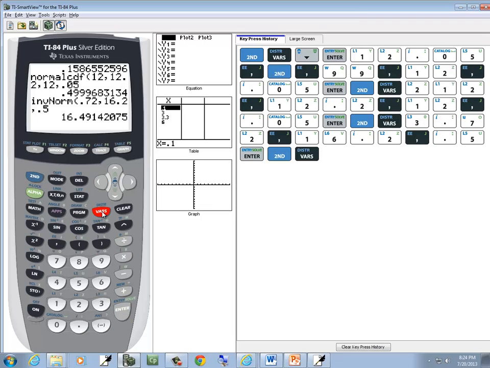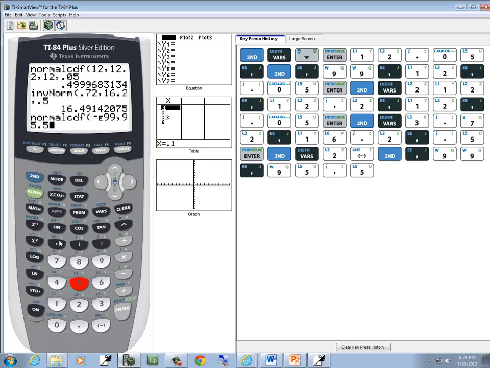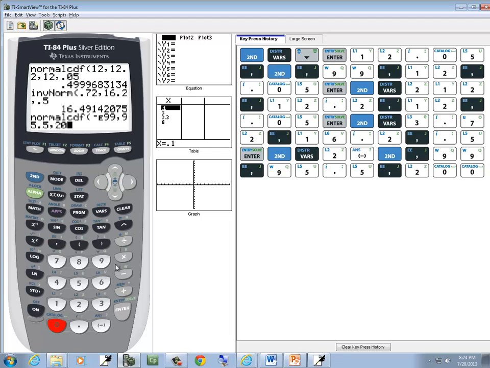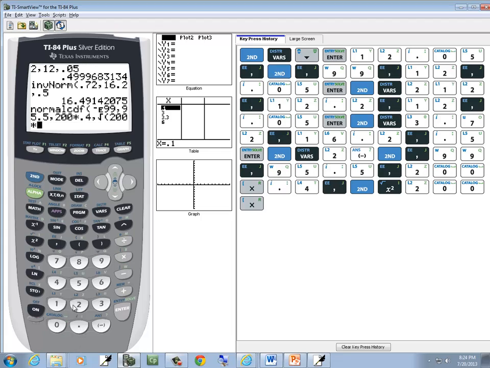So do 2nd VARS, choose normal CDF, negative 2nd comma 99, so it's my negative E99, comma 95.5, comma 200 times 0.4, comma, 2nd x squared, 200 times 0.4 times, and now put beginning parentheses, 1 minus 0.4.